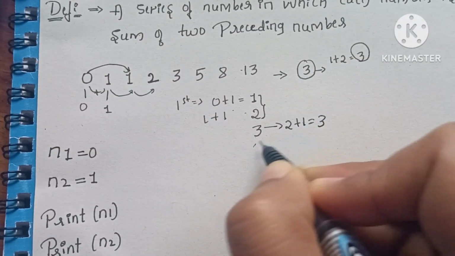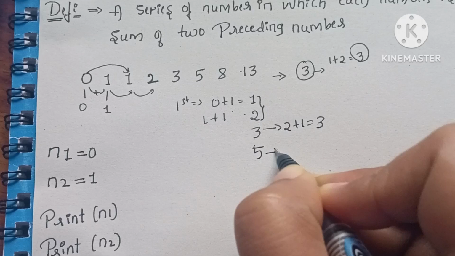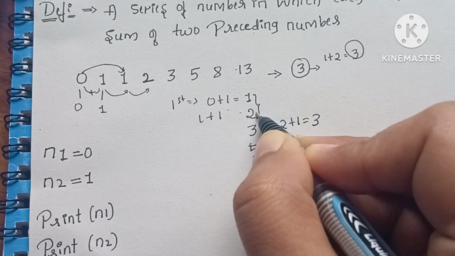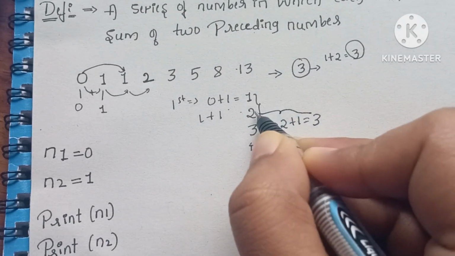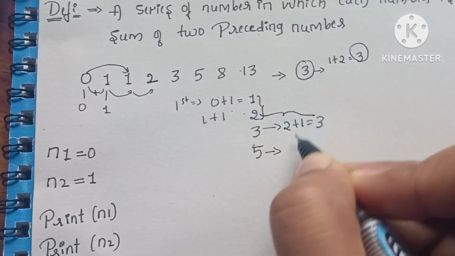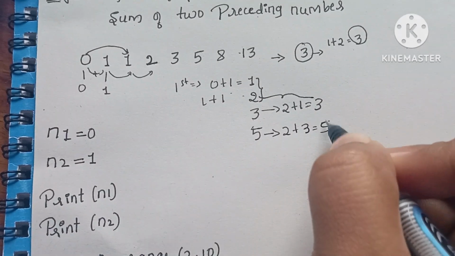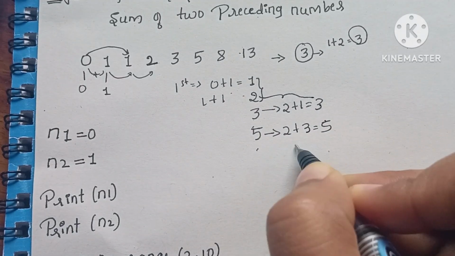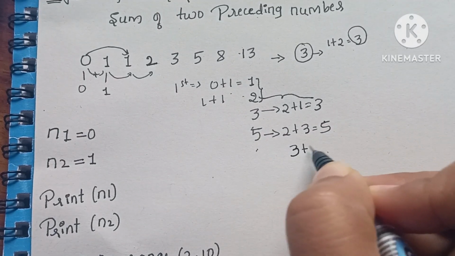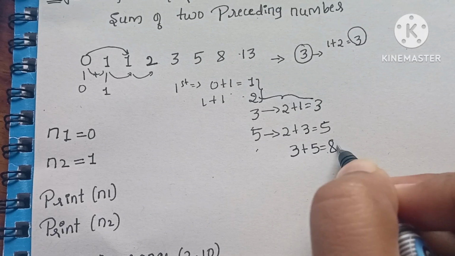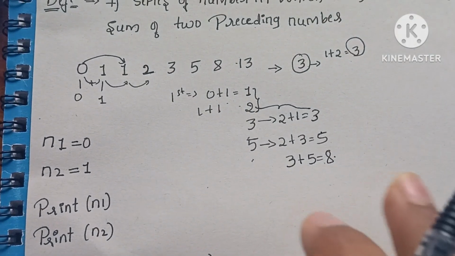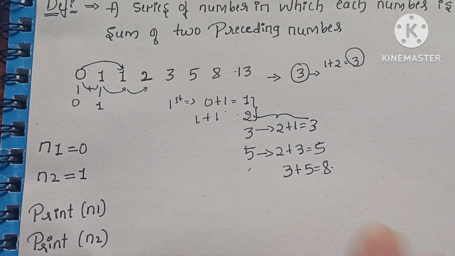Then the next number is 5. This 5 means you need to add the previous two numbers, 2 plus 3, 5 you got. Again this 5 and this 3 you need to add: 3 plus 5 equal to 8. So like this you need to do. This is the Fibonacci number.